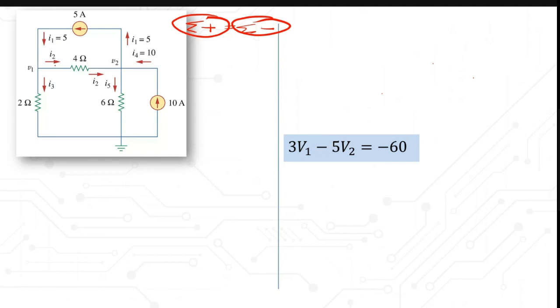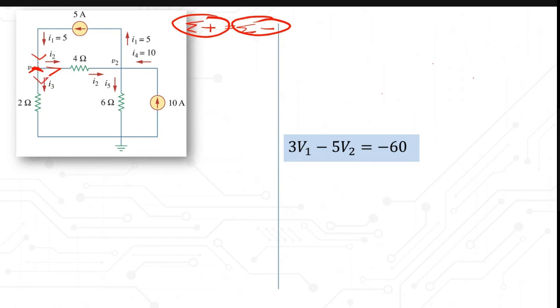For this example, the current directions are already drawn for you. For node V1, you have node 1 here. The current directions are this one entering, this one leaving, and this one also leaving.